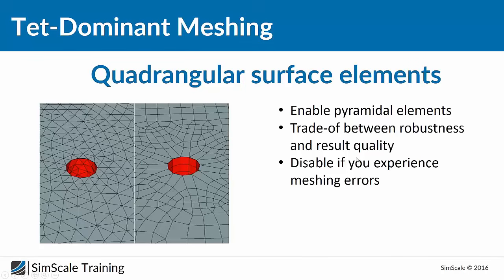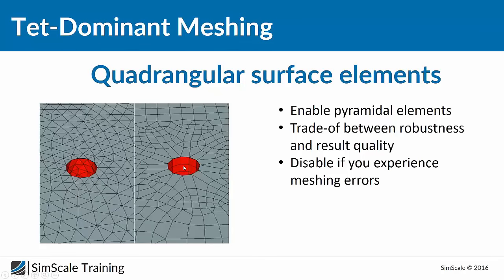And this is an option you can manually turn off or on. Here you can see the same mesh settings. The only difference is that on the left side we turned quadrangular surface elements off while we turned it on for the right picture. Basically the mesh is also using quadrangular elements on the surface. And this has some consequences.